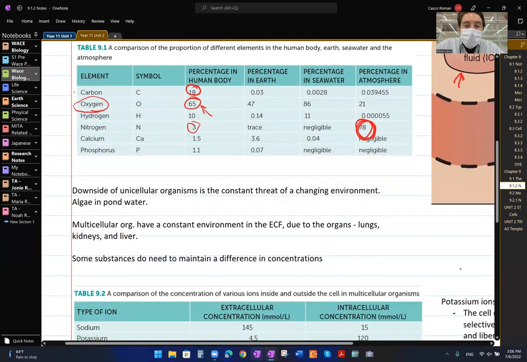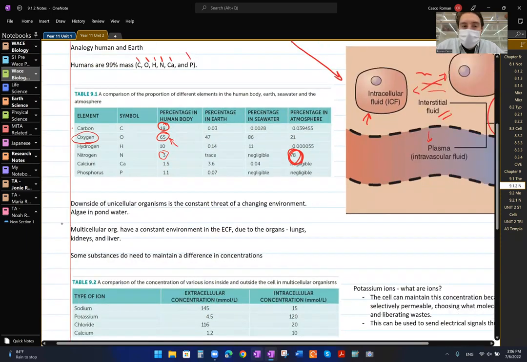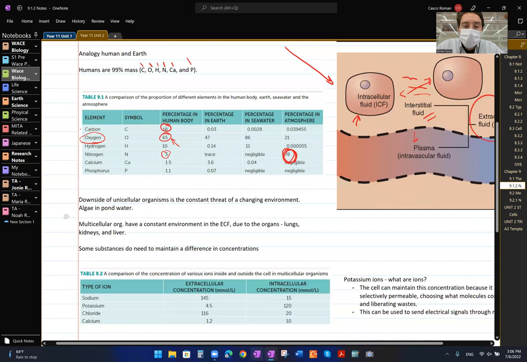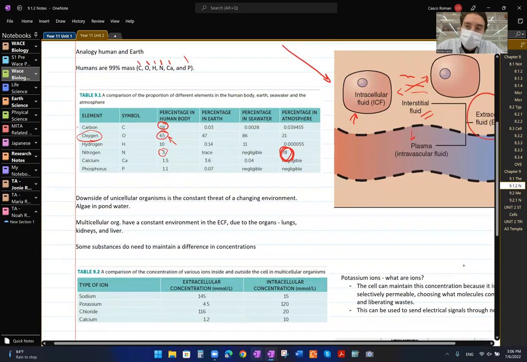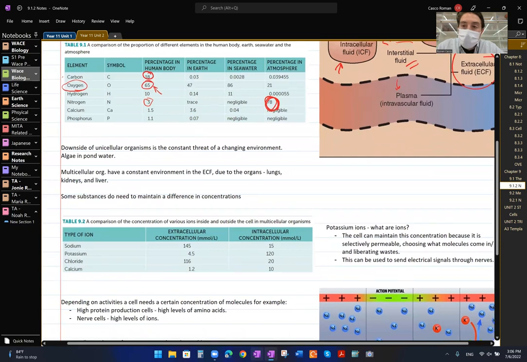Okay. So one of the things that's important about regulating the extracellular fluid with your intracellular fluid and content is that the environment's always changing. A problem with unicellular organisms is that they're in constant touch with the external environment since they're just one cell.